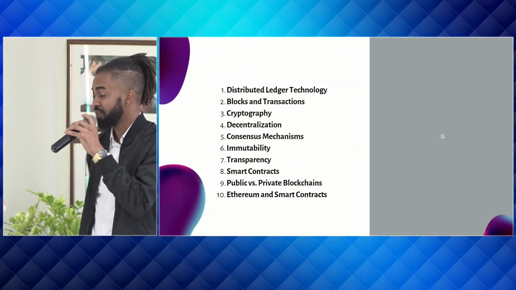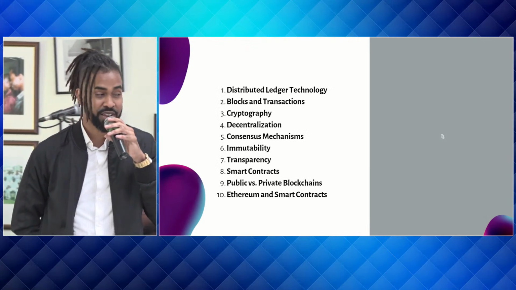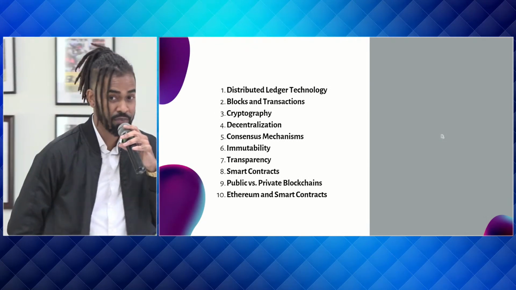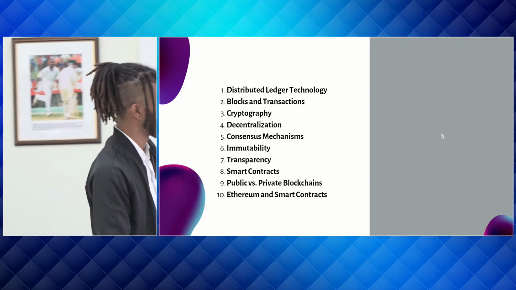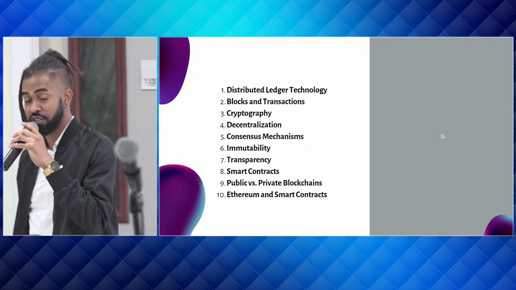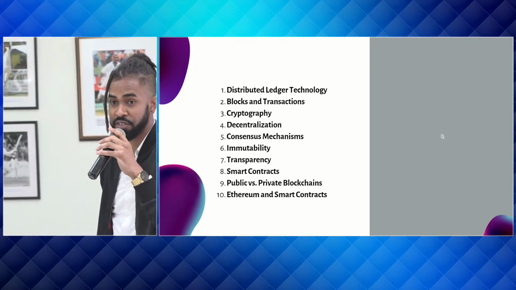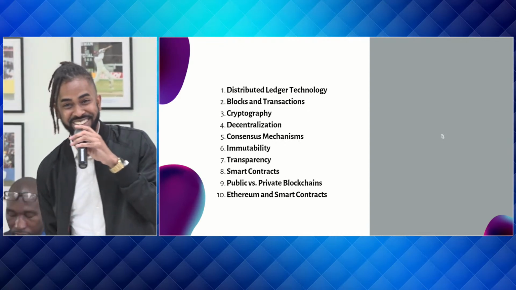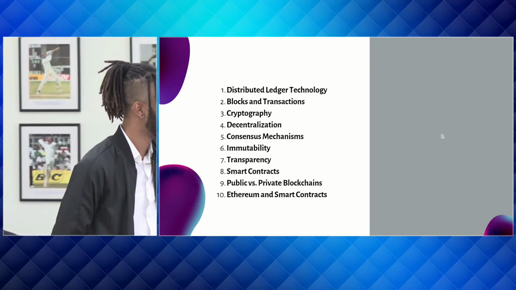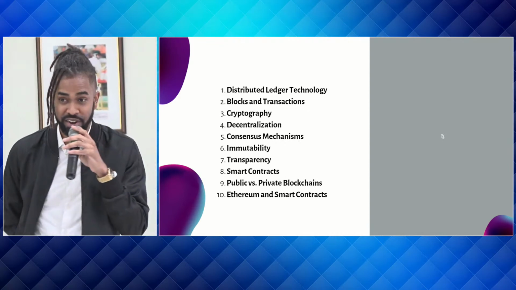So with the zero trust mechanism, which is heavily embedded in blockchain, the components, again, distributed ledger technology, blocks and transactions. We also have cryptography, which is the art of secrets in our digital realm, the art of ensuring that our secrets are kept safe.